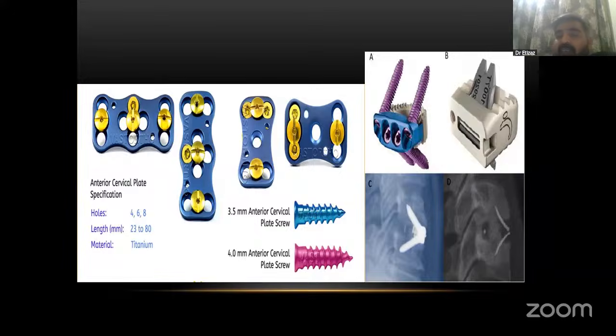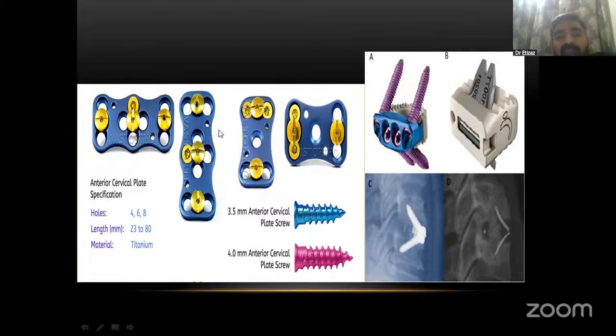One is the low profile as well, which we can see a little bit anteriorly, and one is the zero profile. Low profile and zero profile screws and materials are used so that there is no dysphagia or odynophagia in these patients. When we place this zero profile plate, there is most likely no chance of dysphagia.